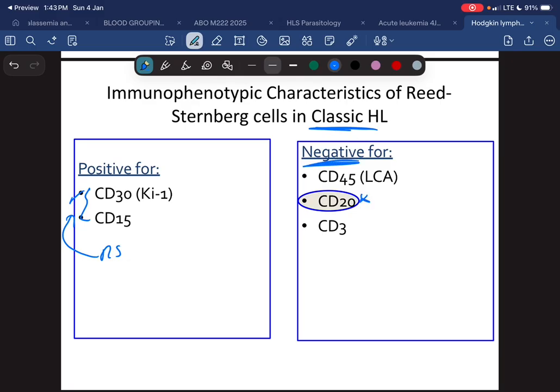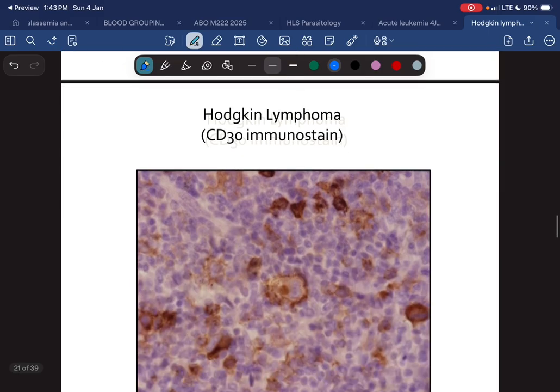CD20 is a B cell marker, right? The RS cells are B cells but mutated. They don't express CD20 nor CD45. Okay? And they express CD30 and CD15. In which types? The first 4 classical types.